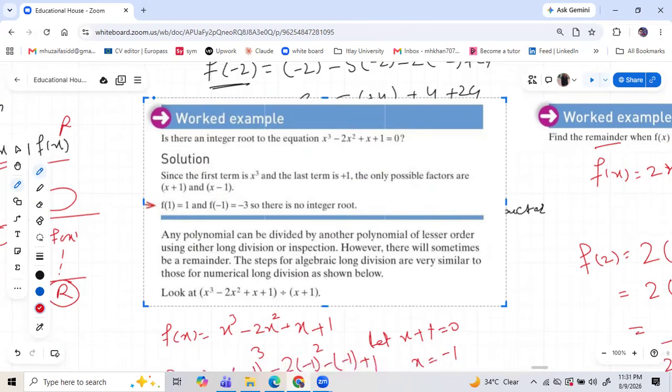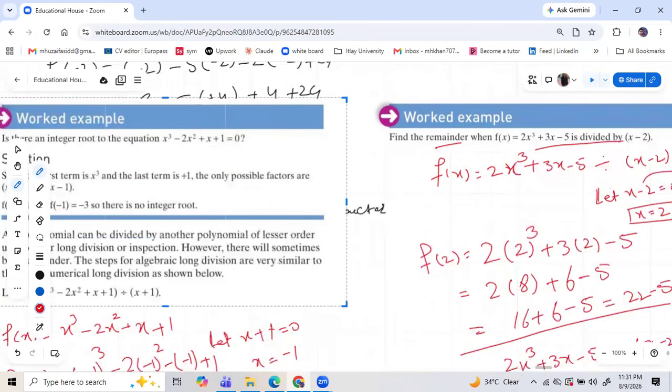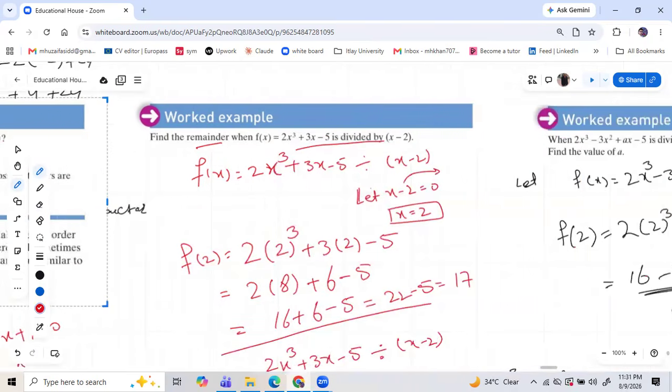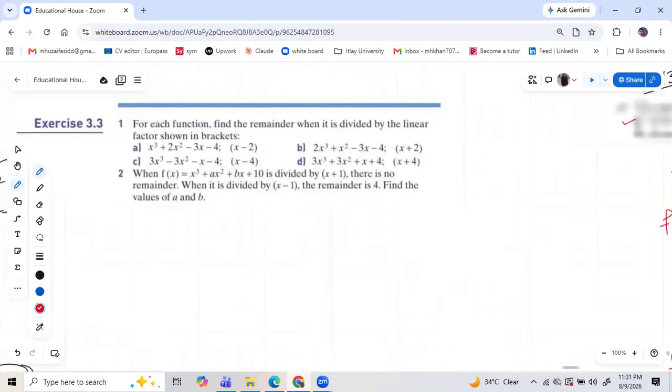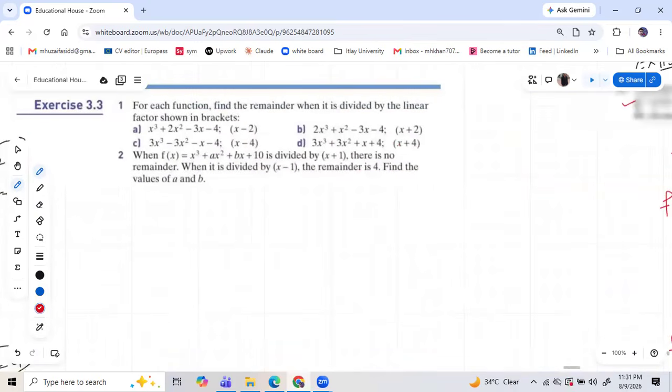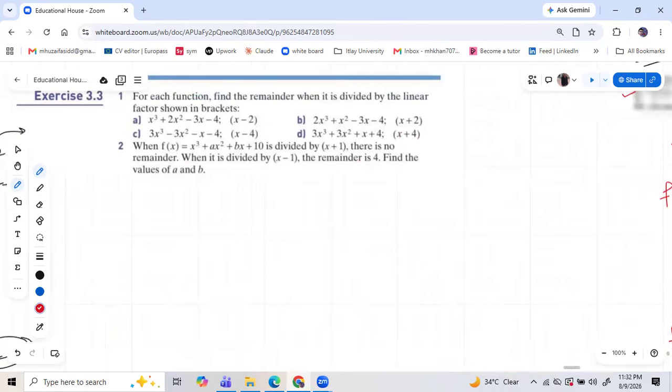Yes. Now we are working on our next problem. This is our exercise 3.3, and we can start here. First of all, we do the first part: for each function, find the remainder when it is divided by the linear factor shown in the brackets.